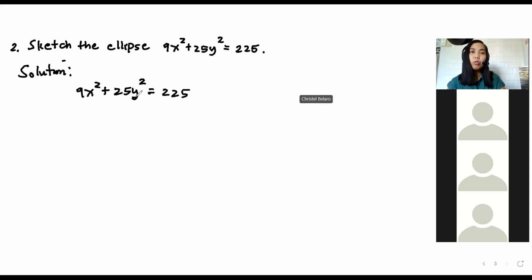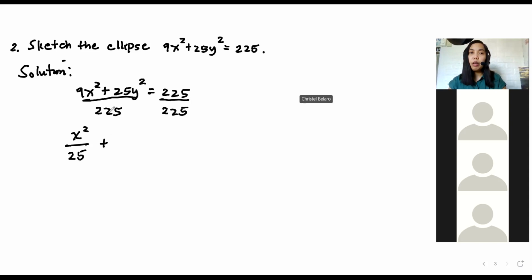We're going to divide both sides by 225 so that the right side equals 1. 9x squared divided by 225 gives x squared over 25, because 9 over 225 is 1 over 25.